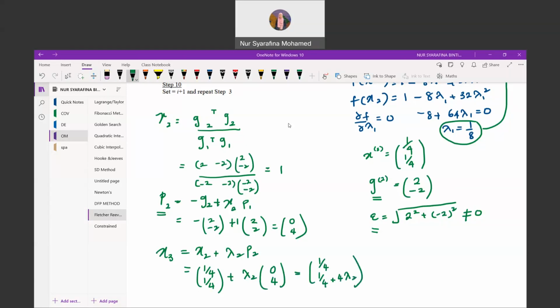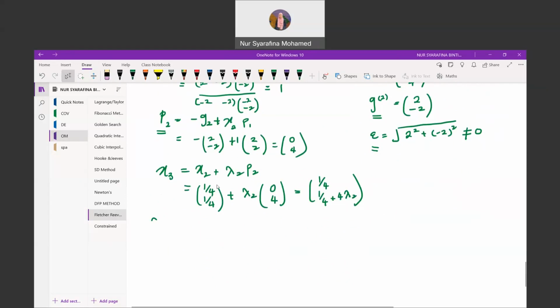So this is your x3, and then you just substitute into your function f and minimize the function, where f(x3) here is 3/8 minus 12 lambda 2 plus 2 times (1/4 plus 4 lambda 2) squared.